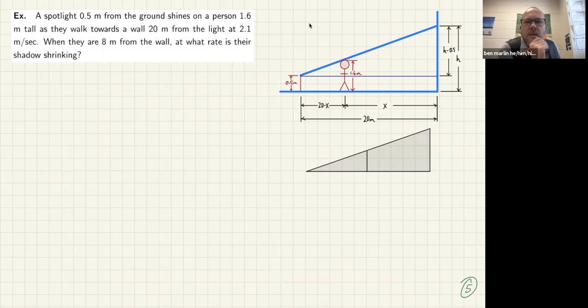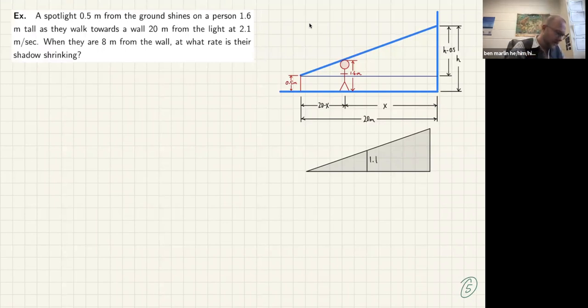So we're going to be able to make some relationships here. And one that was purposely hidden a little bit is that we have 1.1 meters there. That 0.5 meters that the spotlight went up from the ground cut off just a little bit, okay?